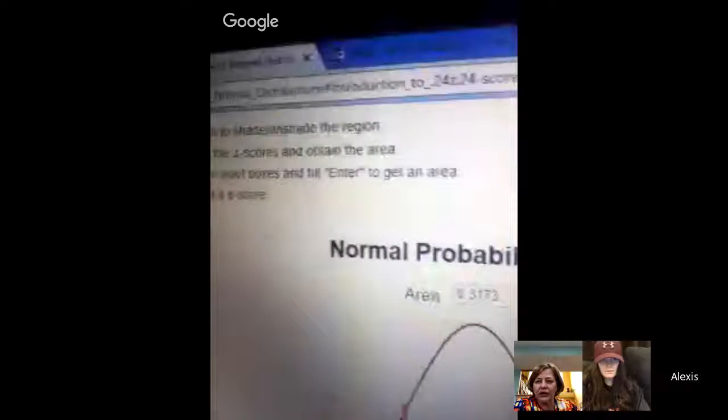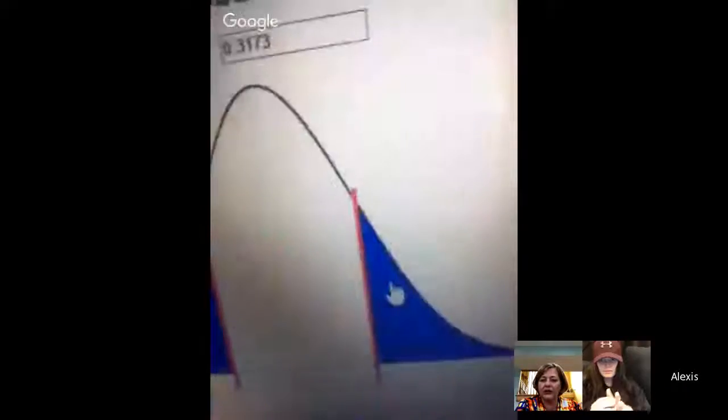Wait a minute, what do you have above yours? I don't see any numbers. Above on your screen where it says the probability, you have some other wording. Oh, this is from the textbook. I am accessing it through the textbook. Okay, and what does it say?